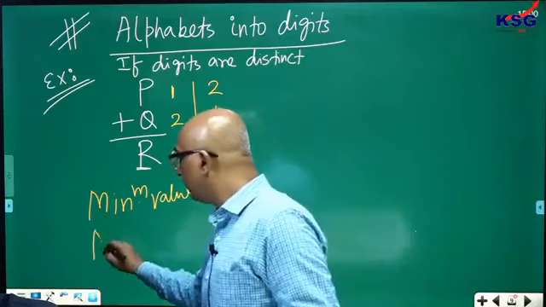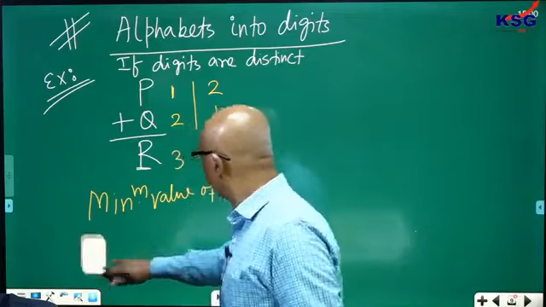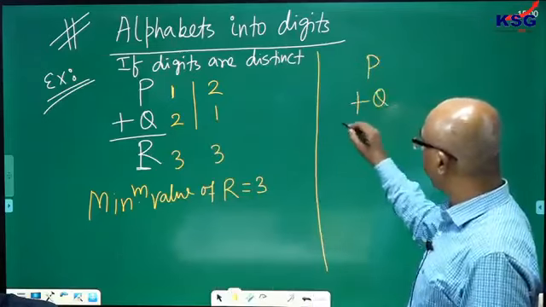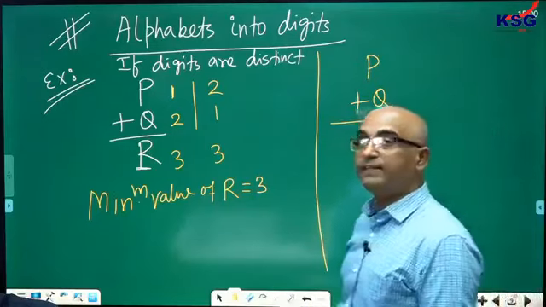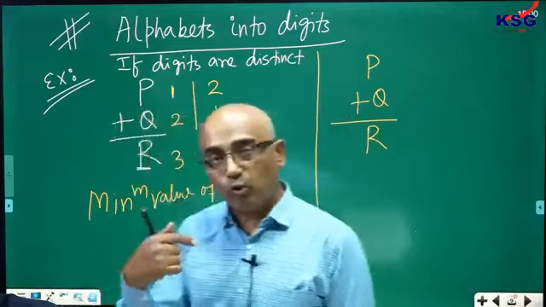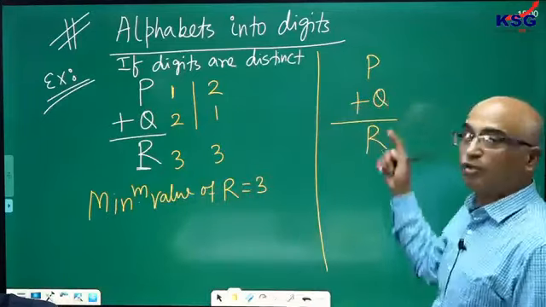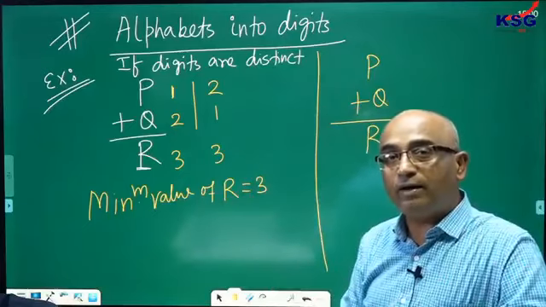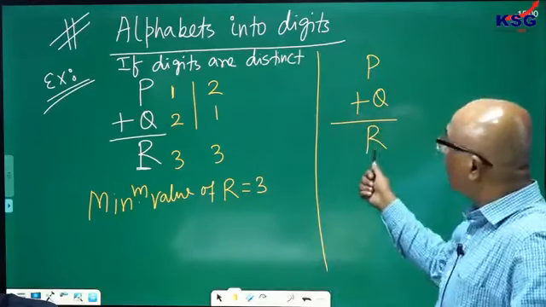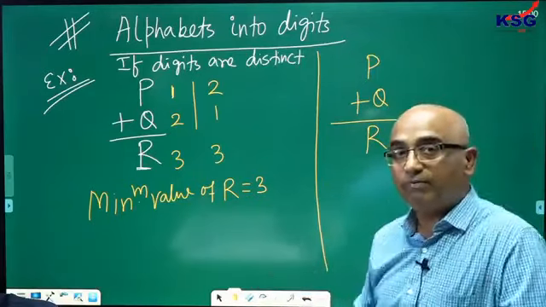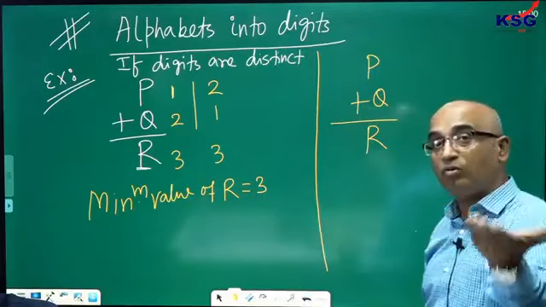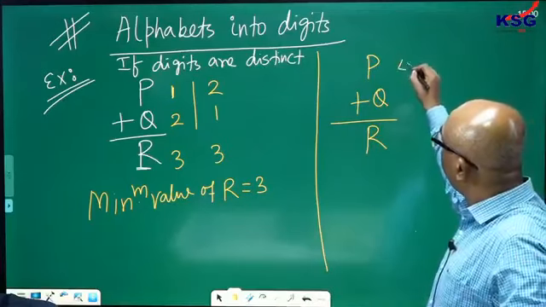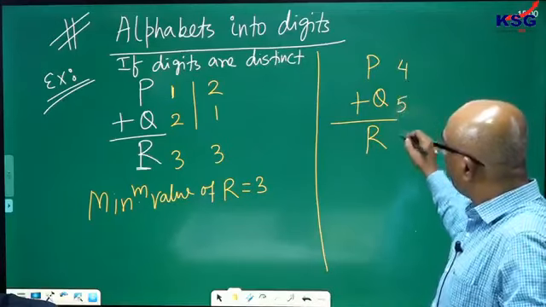Similarly, see the maximum value of R. P plus Q is equal to R. If the question is to find the maximum value of R, then P and Q should be maximum. Since P, Q, R are single digits, the value of R cannot be greater than 9; 9 is the largest single-digit number. If you take P as 4 and Q as 5, then 4 plus 5 is 9.